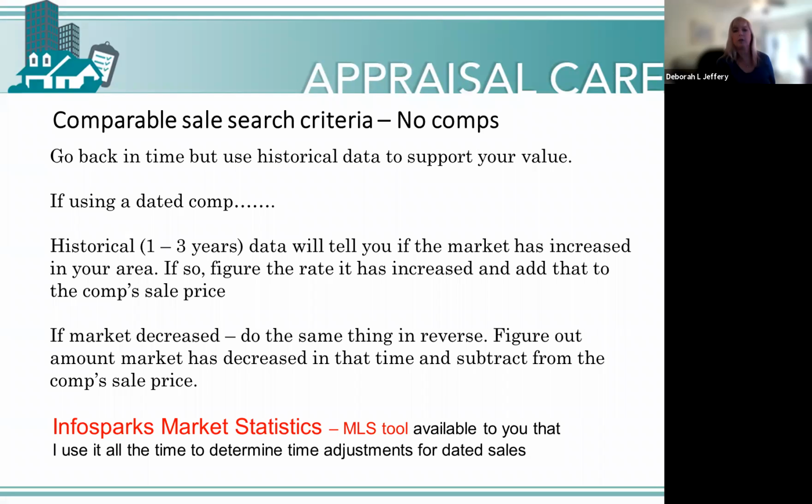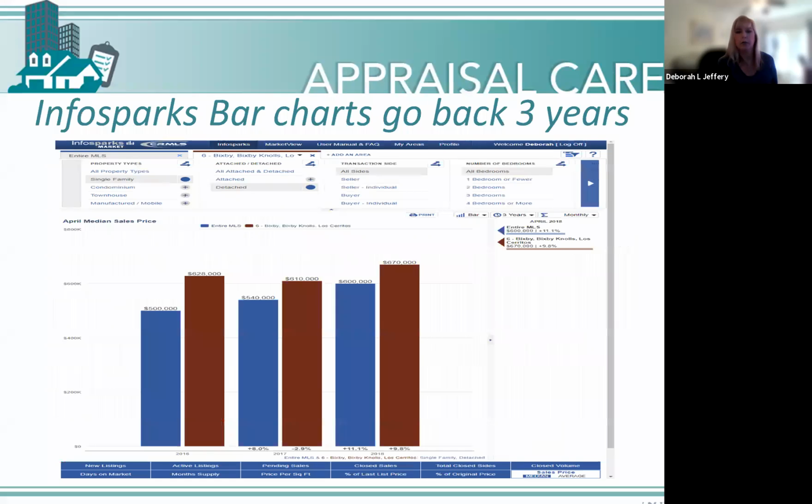It's really cool because you can go back as far as data exists to find out what the prices have been doing during that time period. And you can see them going up and down and up and down. So like here, for instance, if you do the bar chart, you can only pull data that goes back 3 years if you want to use this bar chart. And I can't really even see this on my screen.